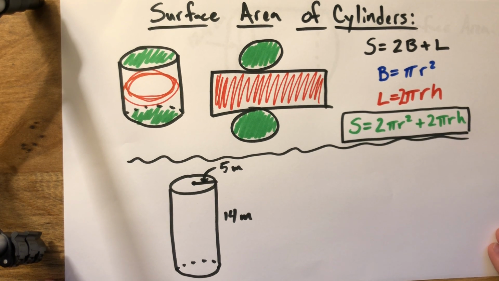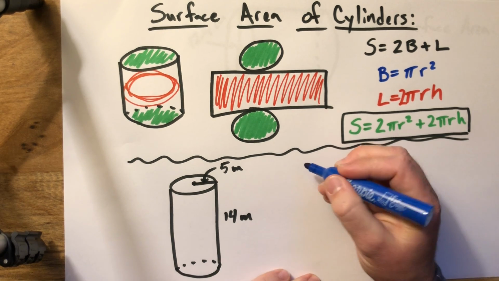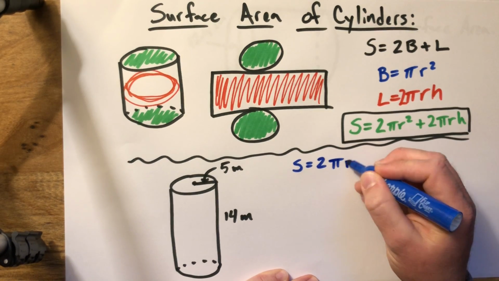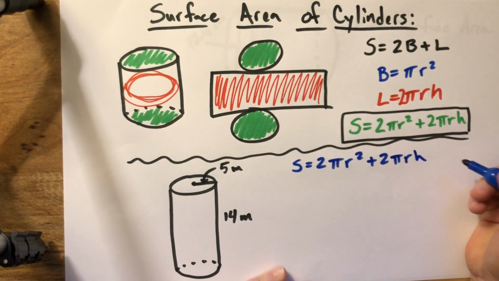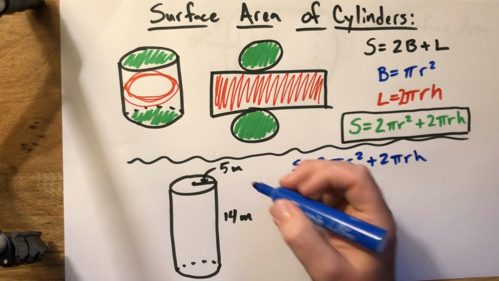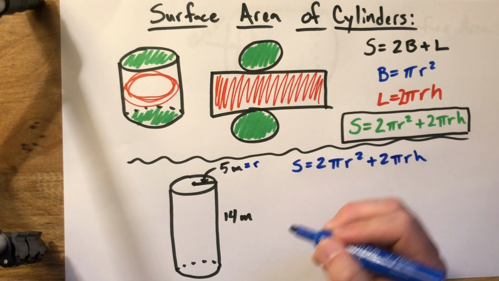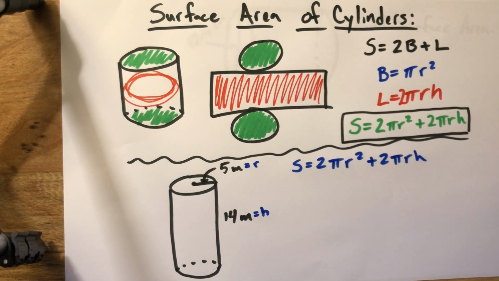So let's look at this formula in play right now. We've got surface area equals 2 pi r squared plus 2 pi r h. Now we only have 2 things to substitute there. The 5 is the radius, and the 14 is the height.